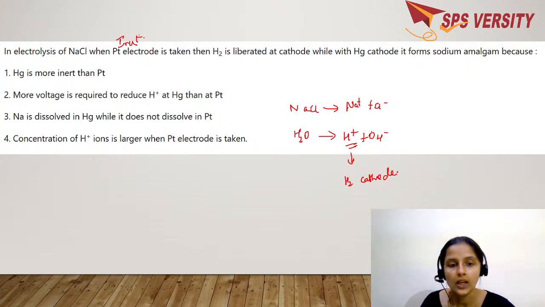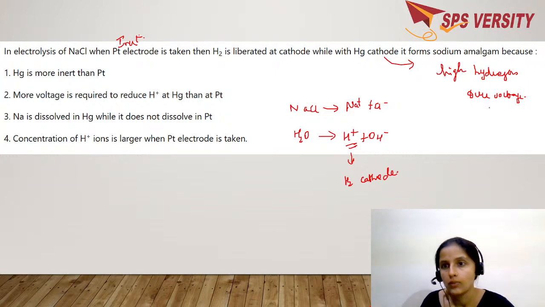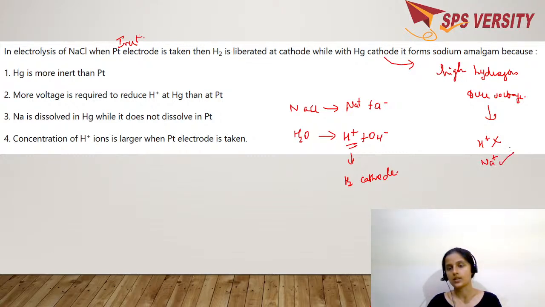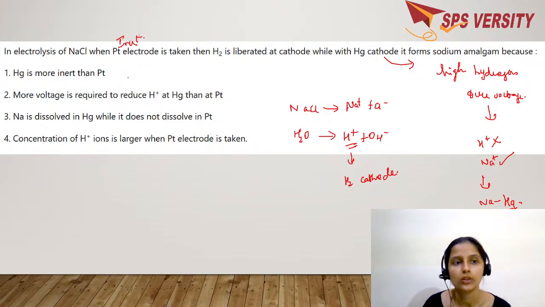Now, if mercury is used as cathode, then H plus is not liberated, or the hydrogen gas is not liberated, because it has high hydrogen overvoltage. Because of this, in preference to H plus, Na plus gets discharged and converted to sodium, and that combines with mercury to give sodium amalgam.